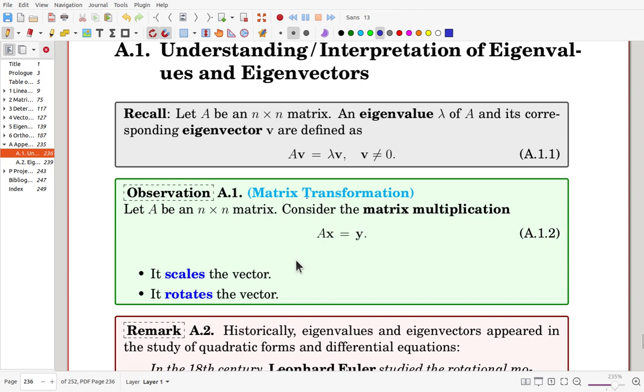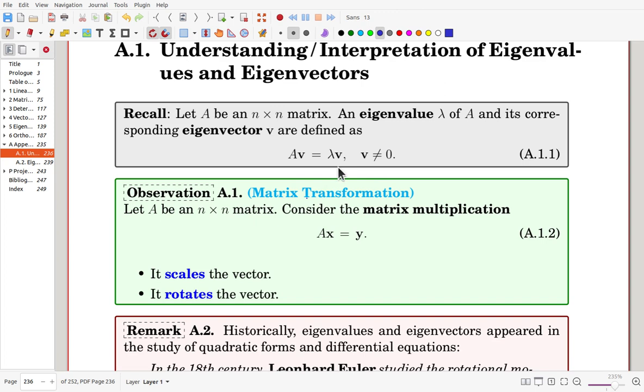So the matrix multiplication scales the vector and rotates the vector. However, once the vector is an eigenvector, then it is not rotated, only scaled.